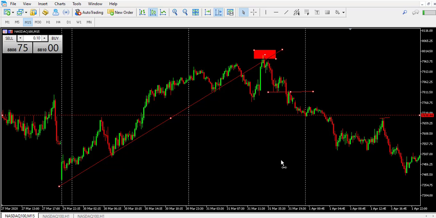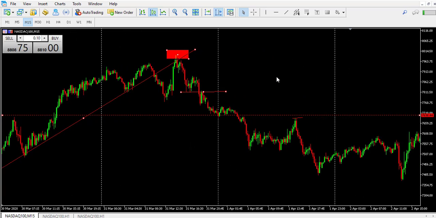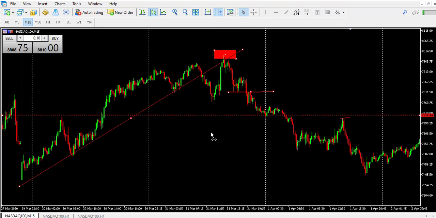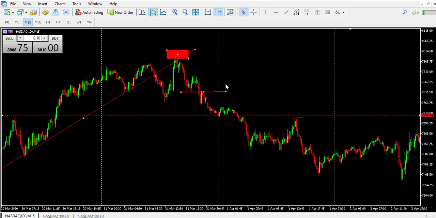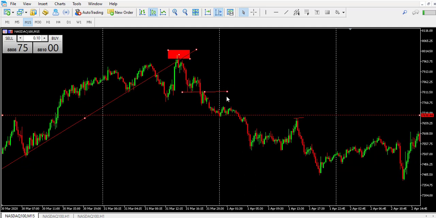this is your first trade, and as I've told you, your second trade will be a retest of either support or resistance. Now in this case, we would have expected this trade to retest that area there before continuing downwards, but it turned out to happen on the next support and resistance.